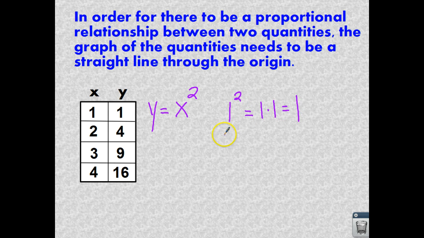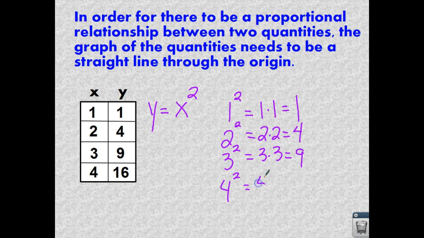If you were to take 2 and square it, that would be 2 times 2, which is 4. 3 squared, which is 9, and 4 squared, which is 16.